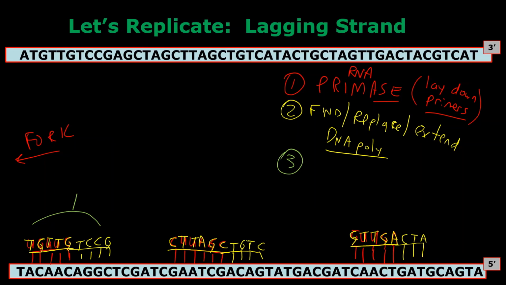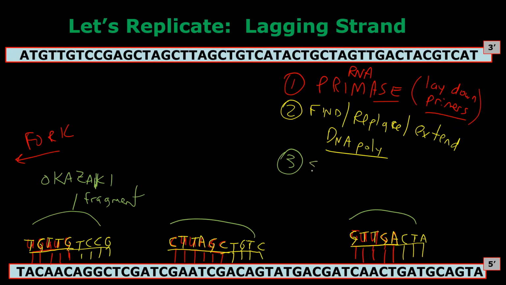And it's still discontinuous. Now this is called an Okazaki fragment, named after the person who discovered it. There's another one here. Here's another one here. So after step 2, we're left with Okazaki fragments, and we need to stitch them together.